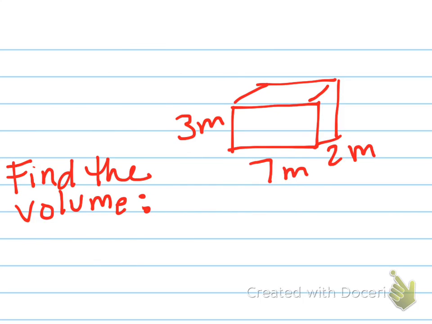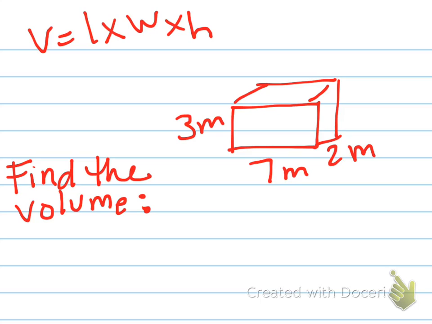Here is our problem. We have a rectangular prism, and these are the measurements. We just have to remember the formula and plug in the numbers, and that is it, that easy. I'm going to use this formula here, length times width times height, or you could use, remember, base times height, which means the same thing.